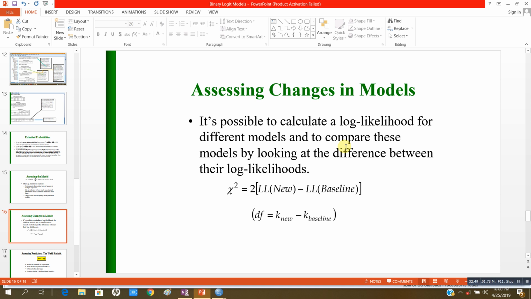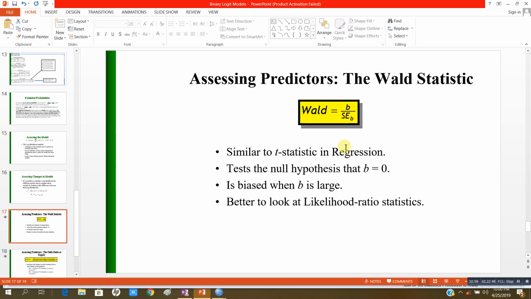Just like we use the t statistic in OLS regression, here in binary logistic regression we use the Wald statistic. In the OLS model, t is equal to the coefficient divided by the standard error of the coefficient. Here in the binary logistic model, Wald is equal to the coefficient, that is b, divided by the standard error of b.